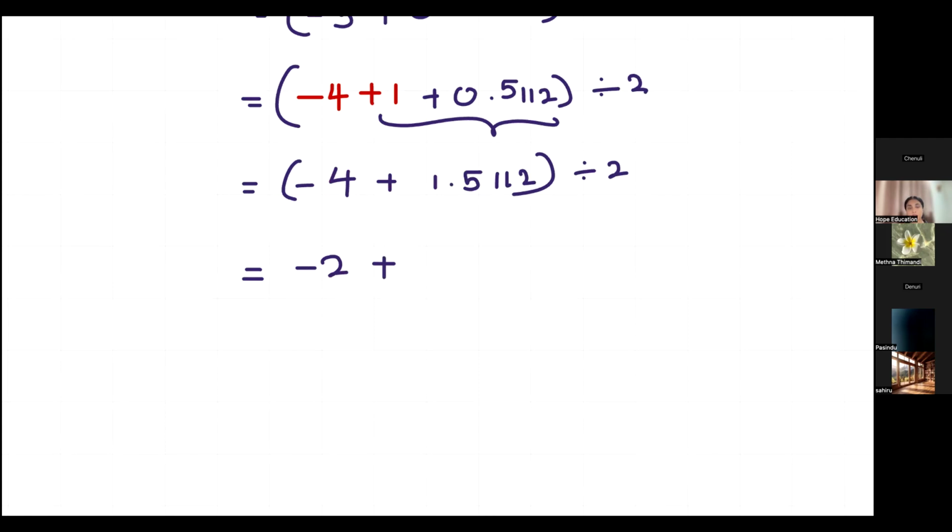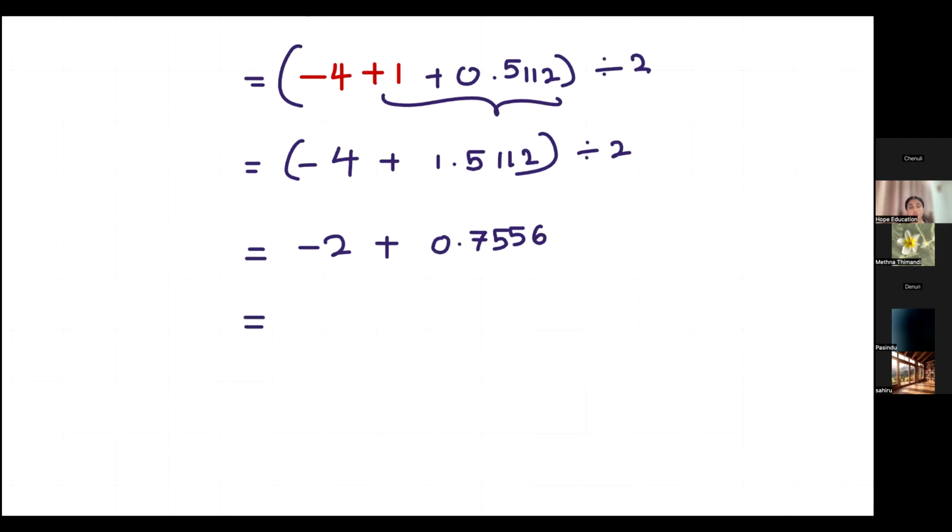That would be 0.7556. 1 remaining, we have 11. 2 times 5 is 10, 1 remaining. 12, 2 times 6 is 12, right? So we combine these and write bar 2.7556.